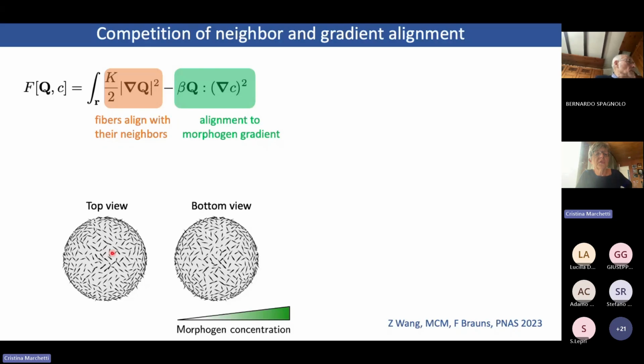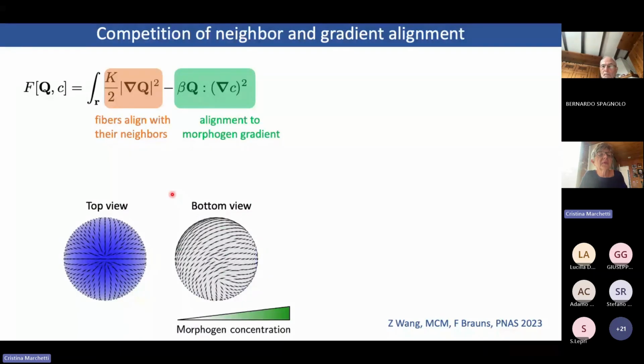You're going to see two views of the sphere, the top and the bottom. The top is where I will impose a morphogen concentration profile, again a Gaussian like I did in the plane. And what you should see here, the morphogen is blue here, sorry, instead of green.